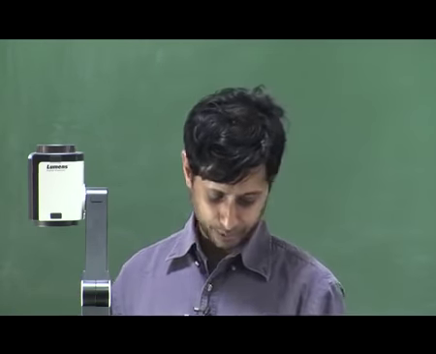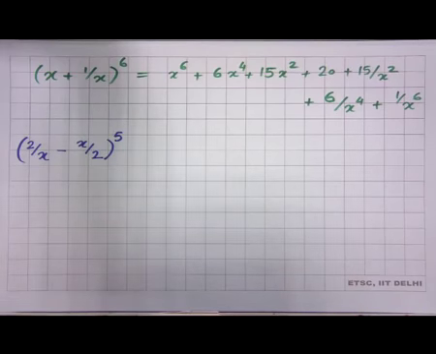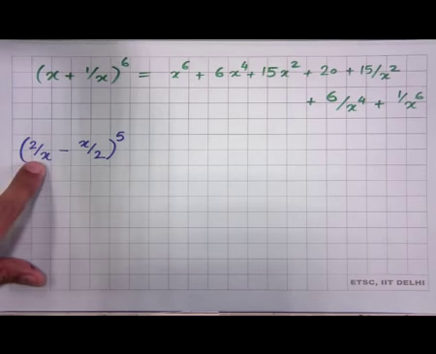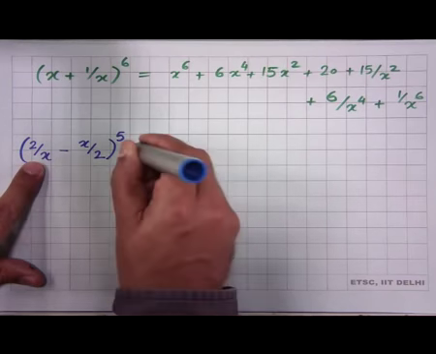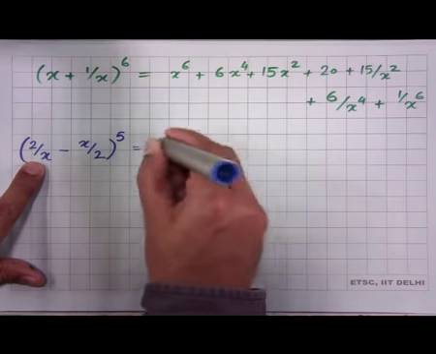So, let us try one more. This is also there in the book, 2 by x minus x by 2 whole power 5. It is somewhat similar, but let us do it. First time you pick all 2 by x's, so you get 2 by x whole power 5.